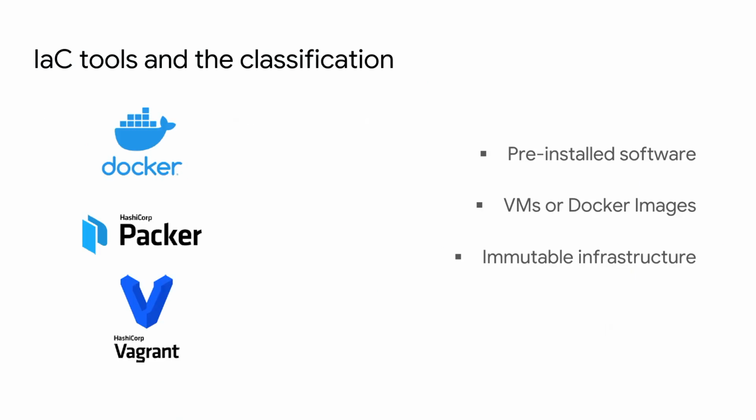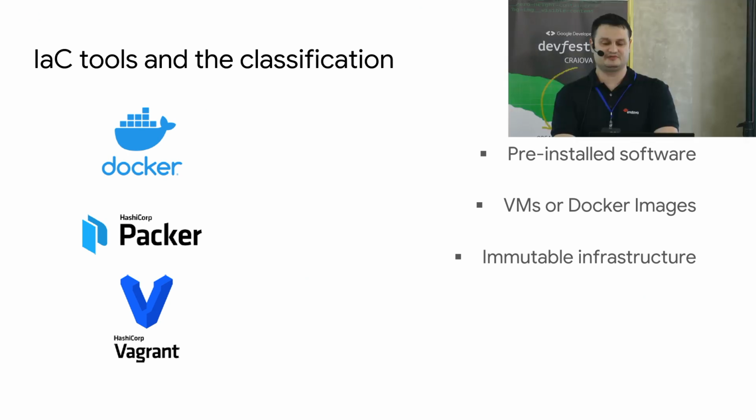Let us have a look over the server templating ones. They're used for creating personalized images for virtual machines or containers. These images should already contain all the software and dependencies needed, which means that when we are ready to launch an instance, we'll have shortened the time for configuration and installation.